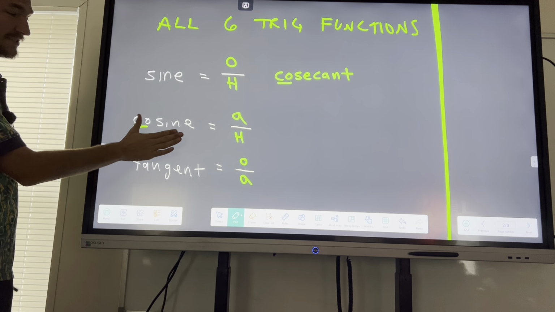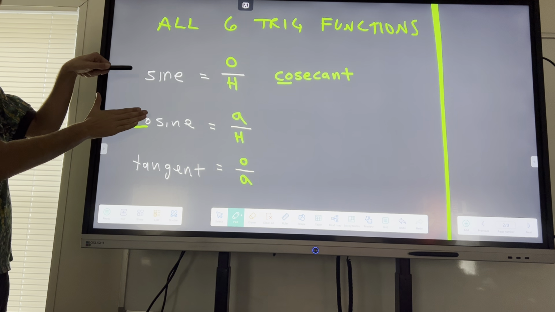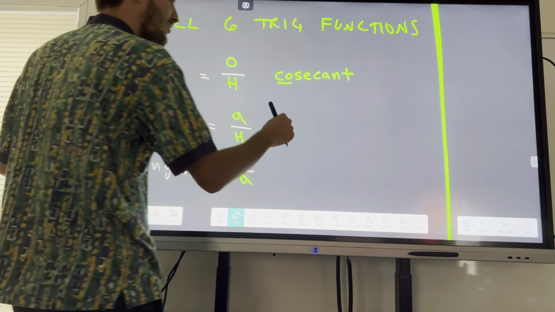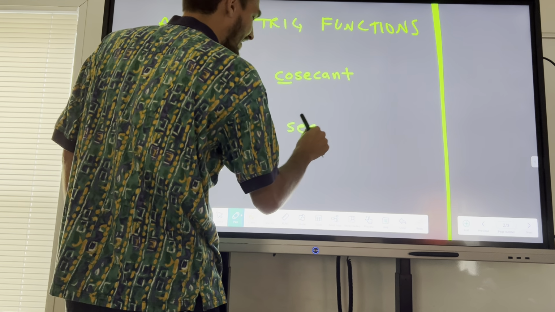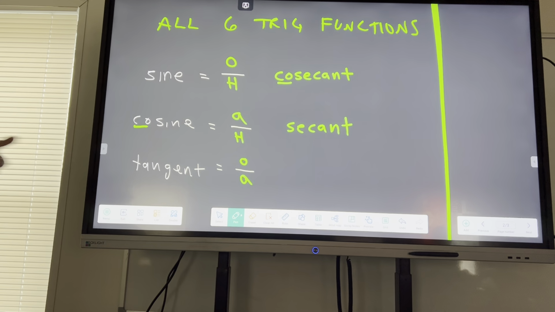Look, cosine, cover up the co, you get sine, because sine is over here. There we go. Cover up the co, we also are going to have the secant. The secant and the cosecant.